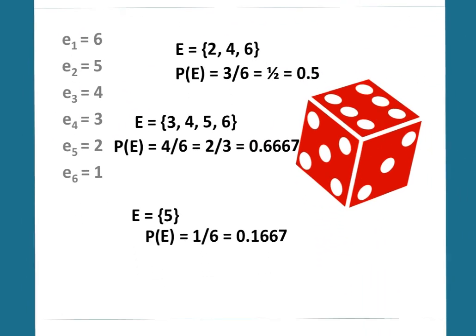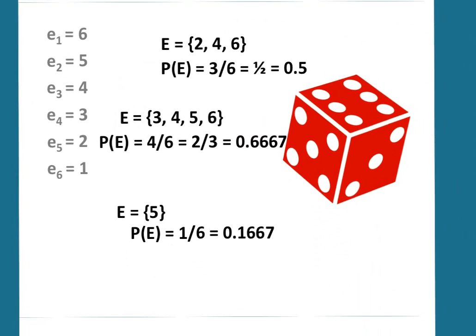For example, here we have all of the outcomes listed on the left. The event we are looking at is rolling an even number. Okay, and there are 3 ways to do that on a 6-sided die. You can roll a 2, 4, or a 6.